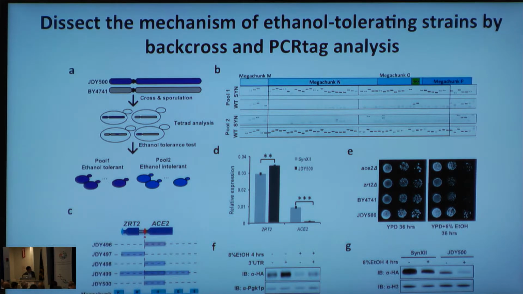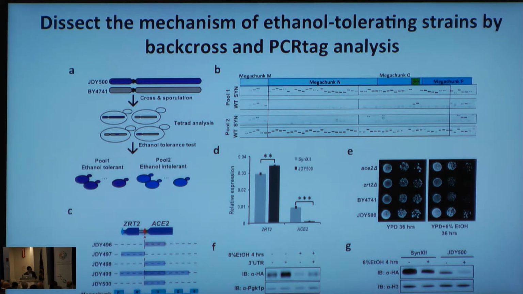Once the rearrangement happens, it removes its 3' UTR, which makes the transcription go down dramatically. We tested by Western blot whether the protein level is also affected, and it is. So this leads us to believe that ACE2 is probably the reason for the ethanol tolerance. We also tested completely removing the ACE2 gene, and it confers ethanol resistance just like the strain we identified.